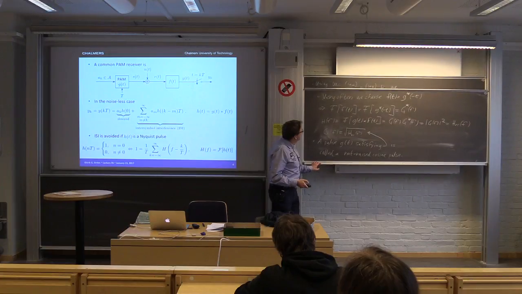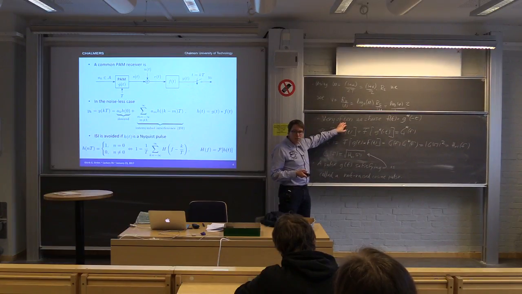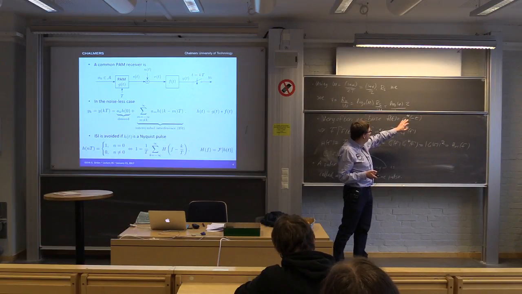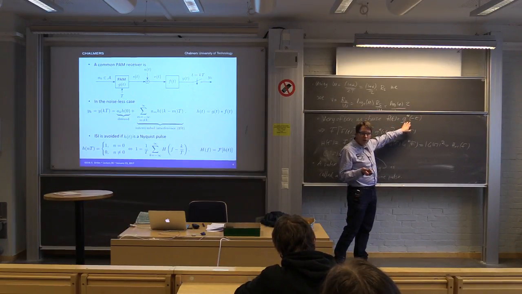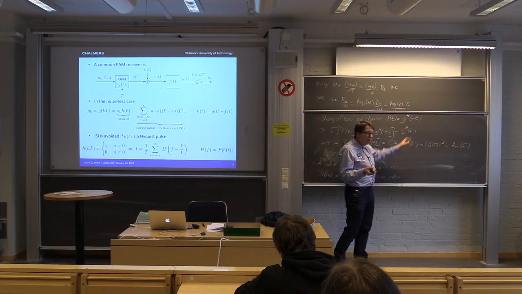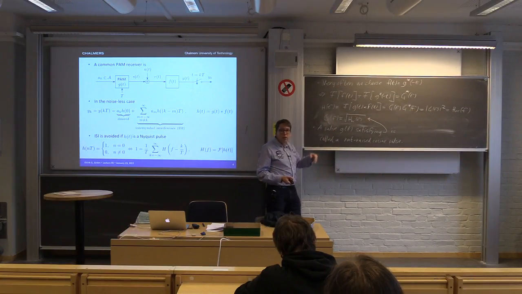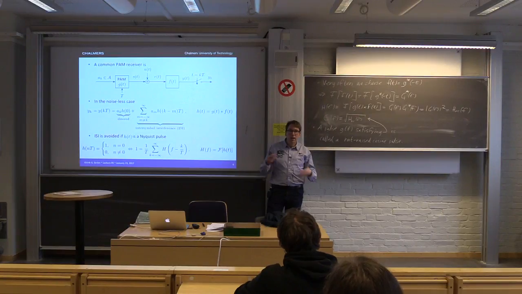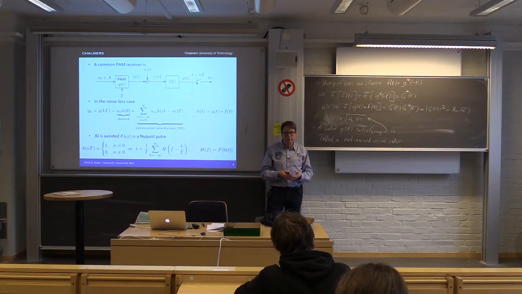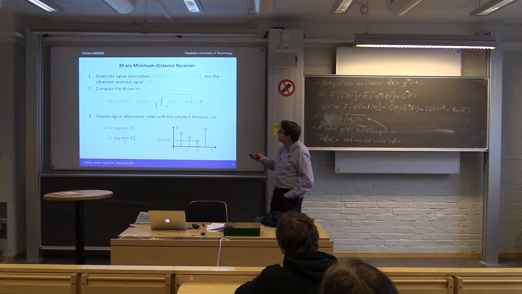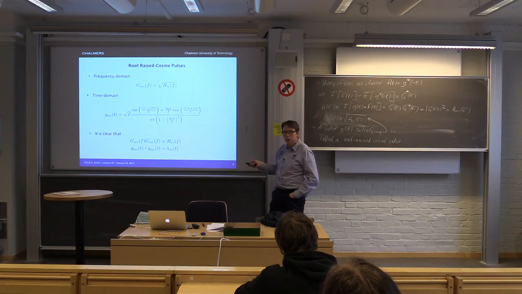If we use this criteria, which is known as the matched filter criteria, where the impulse response of the receiver filter is related to the transmitted pulse in this particular way, a time reversed and conjugated version of this one, then it's easy to find a pulse G that at the end of the day gives intersymbol interference free transmission. Okay. And then one can use, for instance, these root raised cosine pulses.